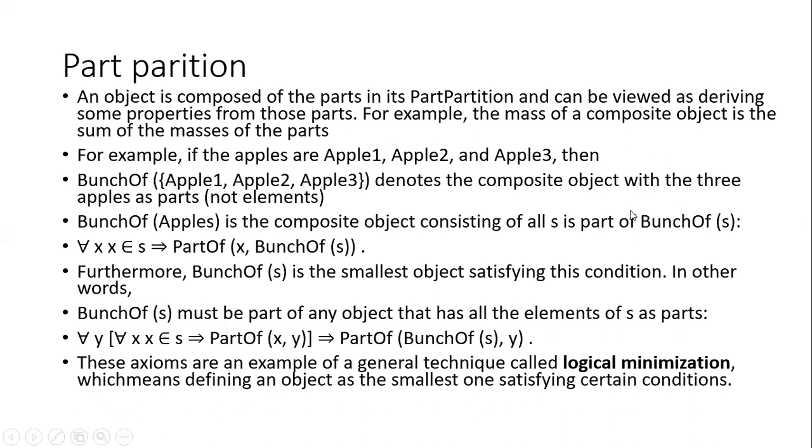It represents a composite object with three apples as its parts. And for all items x belonging to S, PartOf(x, BunchOf(S)). So we replace the part-of with the smallest objects, and for that we use BunchOf.